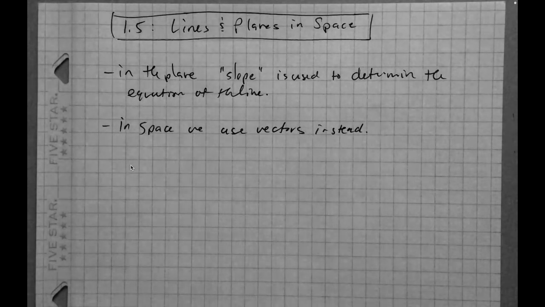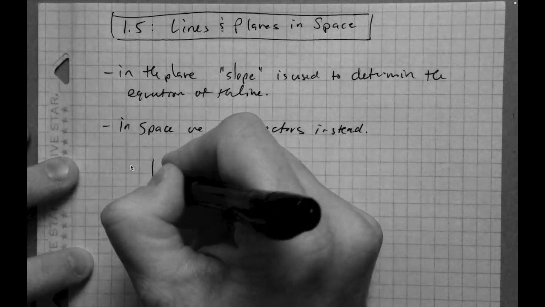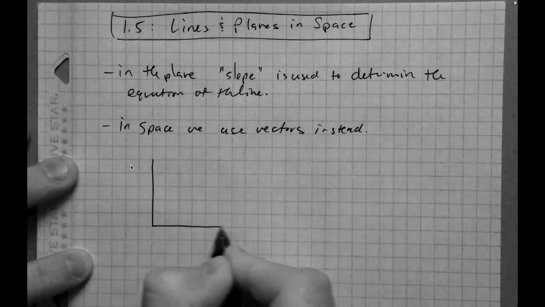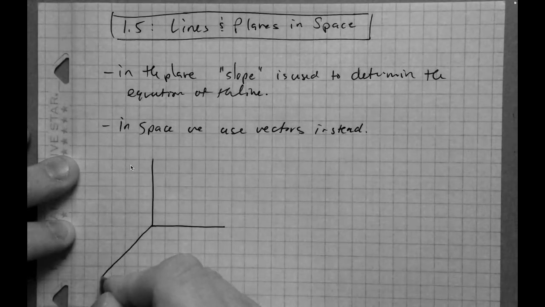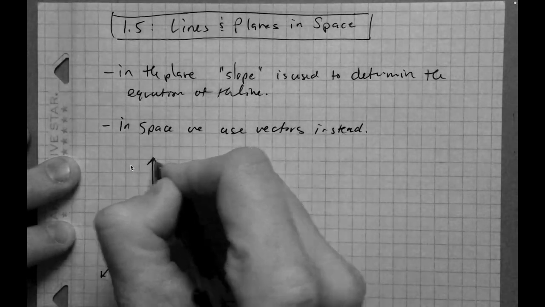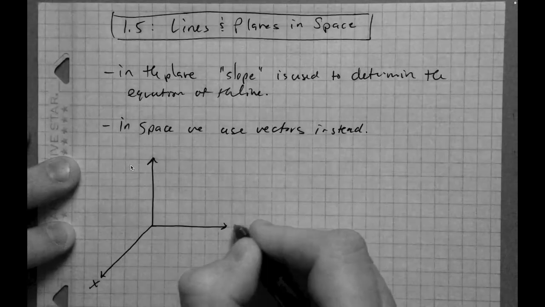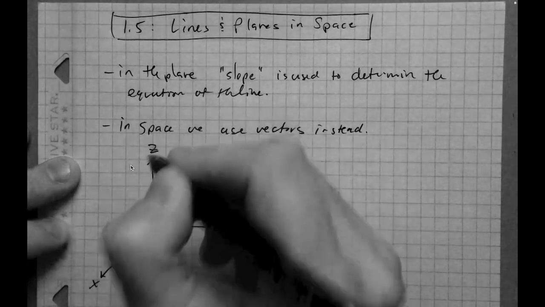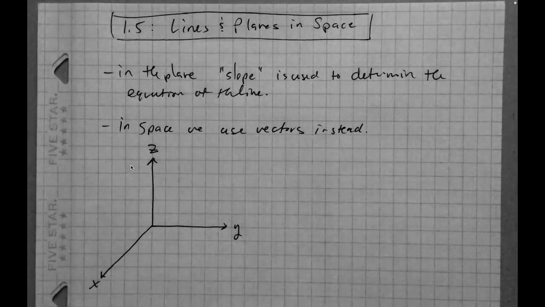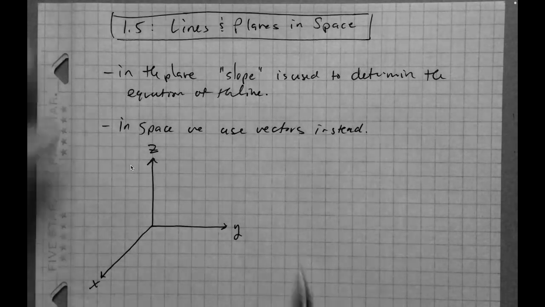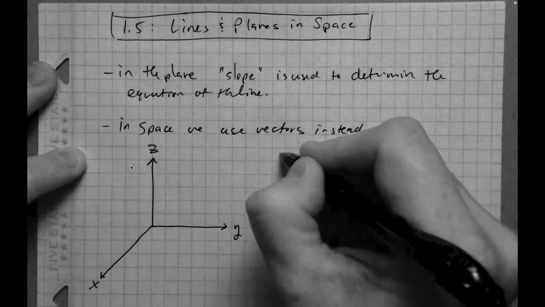Let's draw some pictures and start talking this through. I'm going to try to draw a 3D coordinate system here. We'll say this is your x-axis, your y-axis, and your z-axis. Now let's consider a line in this space.